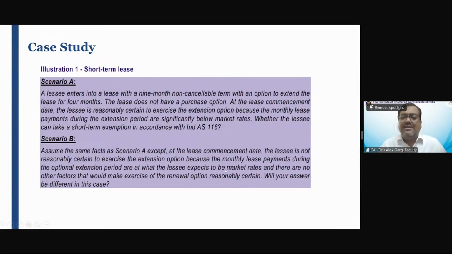Will your answer be different in this case? Yes. What will be the lease period? 9 months. We will not include the 4 months. Hence it is eligible for the short-term lease exemption. So my dear students, when you appear in examination, the question is not like illustration number 1.